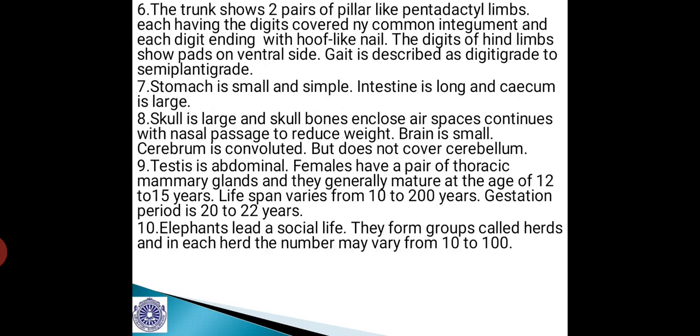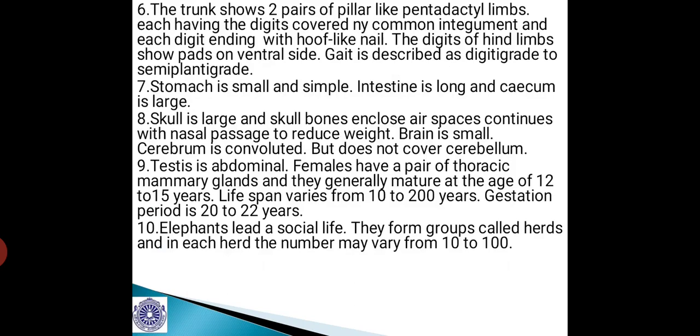And the body shows two pairs of pillar-like pentadactyl limbs, each having the digits covered by common integument, and each digit ending with a hoof-like nail, and the digits of the hind limbs show pads on the ventral side, and the gait is described as digitigrade to semi-plantigrade. And the stomach is small and simple, intestine is long and cecum is large.